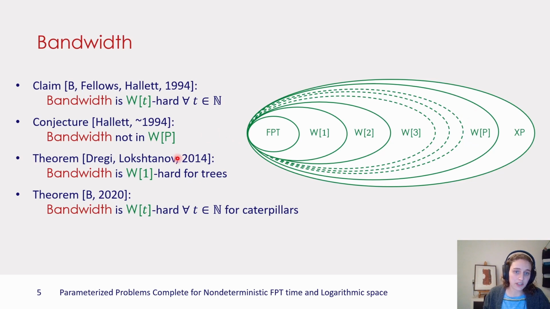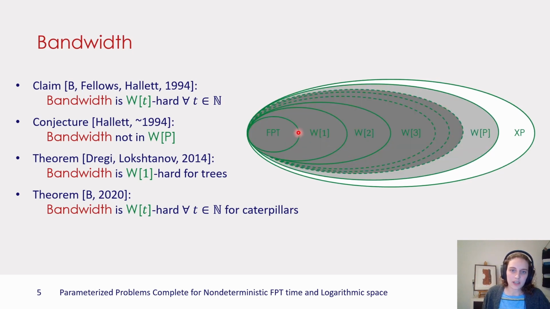In 2014, there was the first proof that bandwidth is W1-hard for trees, proven by Dregi and Lokshtanov. And then, as I said before, in 2020, Hans Bodlaender actually came up with the proof that bandwidth is W[t]-hard for all integers t.